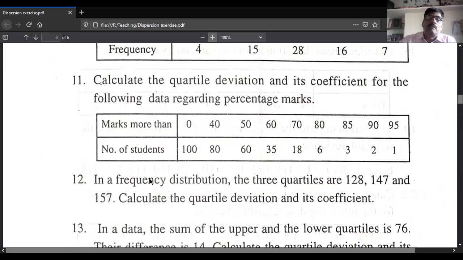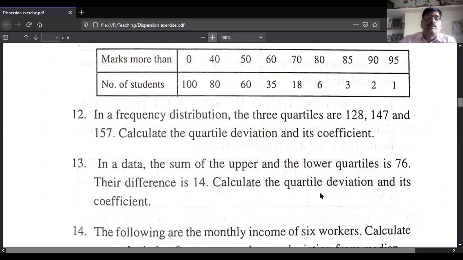I solved this problem. Then you see exercise number 12. In exercise number 12, the three quartiles of a frequency distribution are 128, 147 and 157. Calculate quartile deviation and its coefficient.